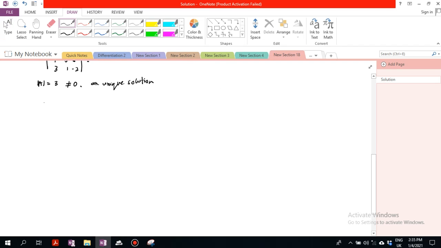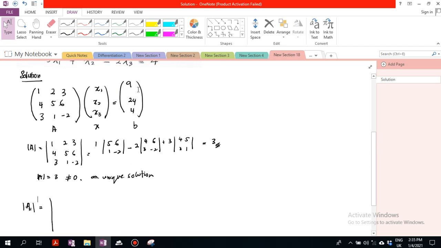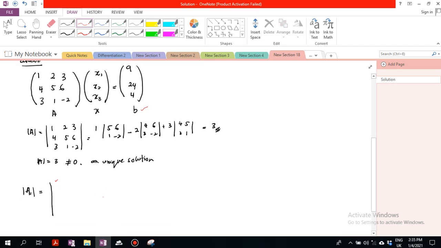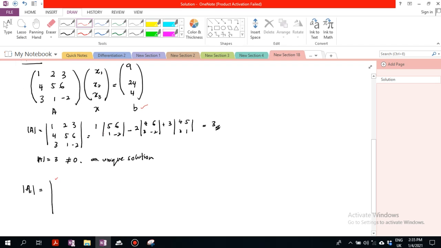The step is for A1, you need to replace your B in the first row, then remain the other matrix.